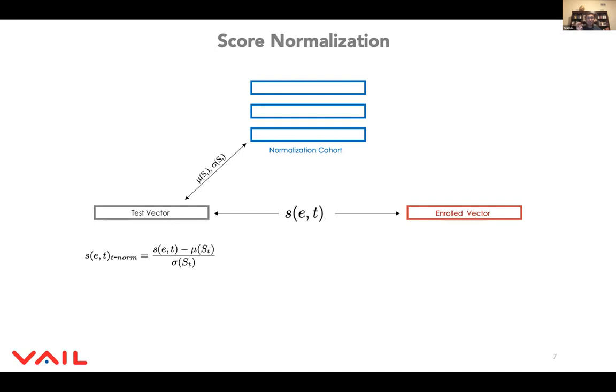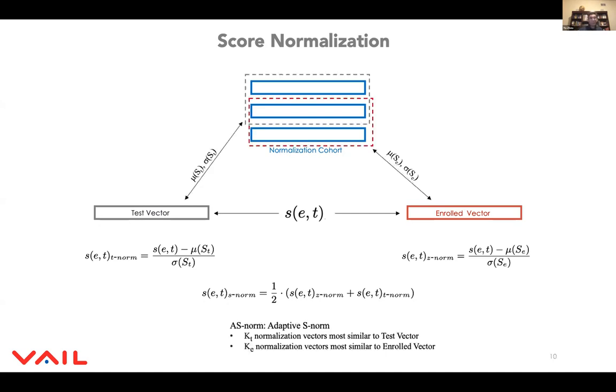Then we use the distribution of that set of scores to normalize S. Similarly, we can do the same on the right by using the similarity scores between the normalization cohort and the enrolled vector as a normalization distribution. Or one can take the average of these two normalized scores on the left and right. And this is called S-norm, or symmetric norm.